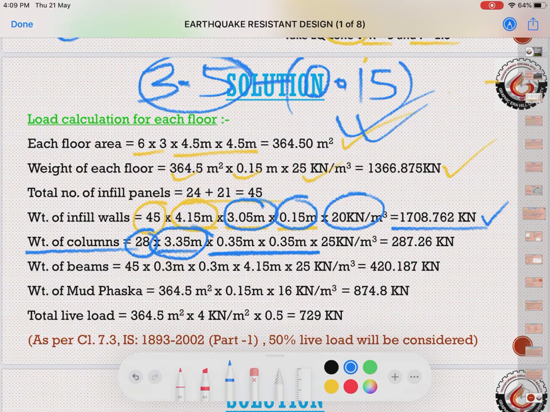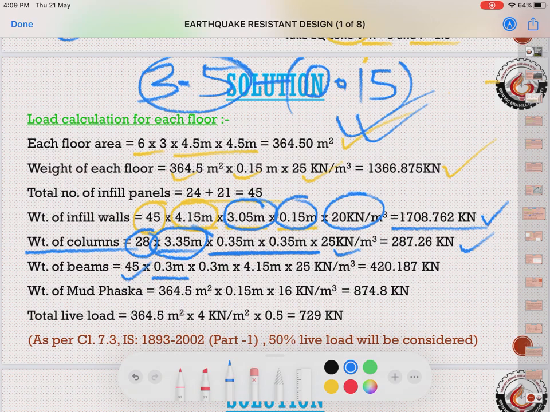This height is already covered in the slab, so we do not include it. We subtract this value, get 3.35 meter, and multiply. This is the total weight of columns.